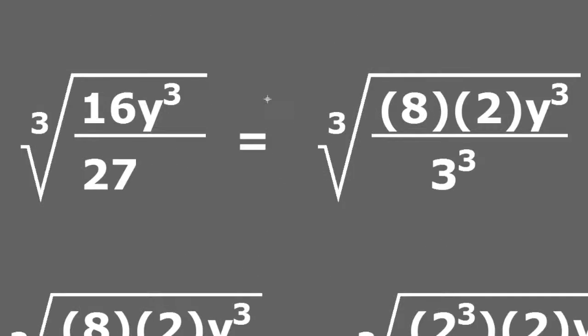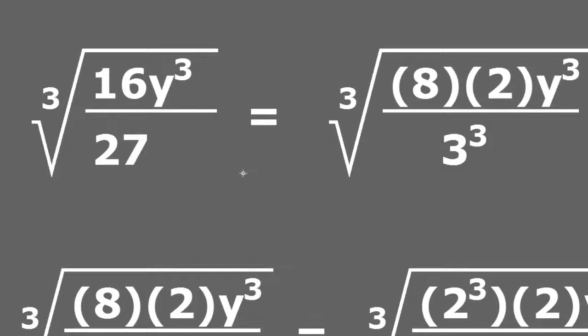The next step that I'm going to take is to factor the number 16. I'm going to rewrite it as 8 times 2. That's just factoring. And the 27, I'm going to rewrite it as 3 cubed. 3 times 3 times 3 is 3 cubed, and that equals 27. 3 times 3 is 9, times 3 again is 27.